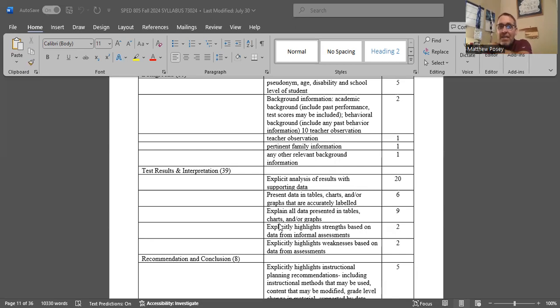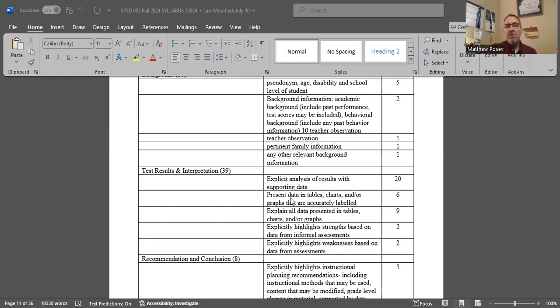And that is providing some of the data that you collect and displaying it in a visual format, whether it's in the form of a table, a chart, or a graph. So basically, you're going to take the data you collected and put it into a table form, chart form, or graph form and embed it into this report within this section.